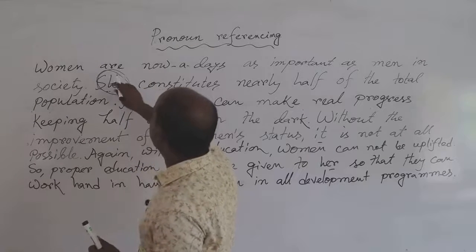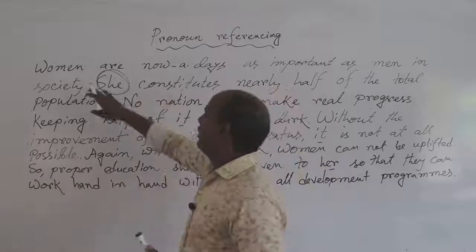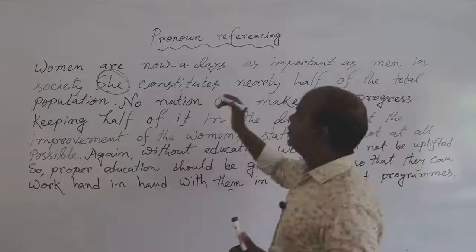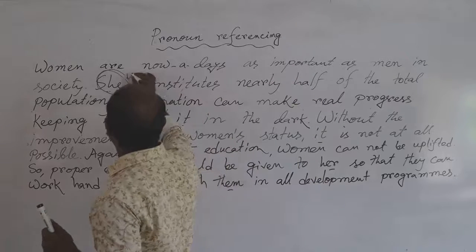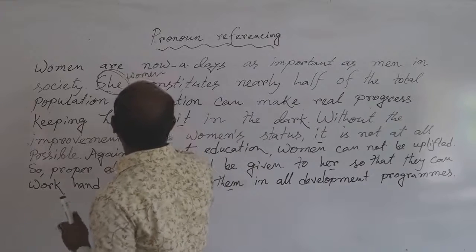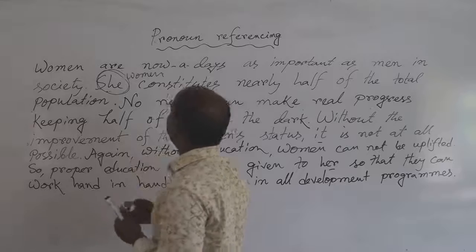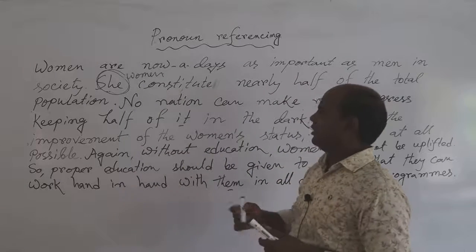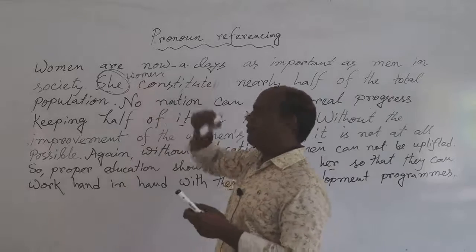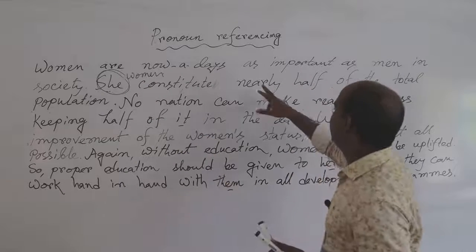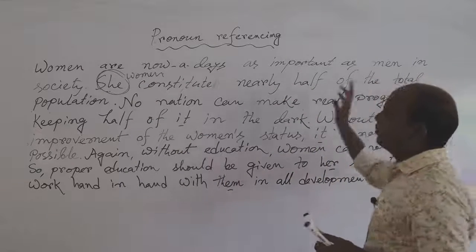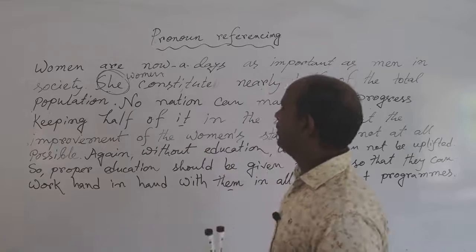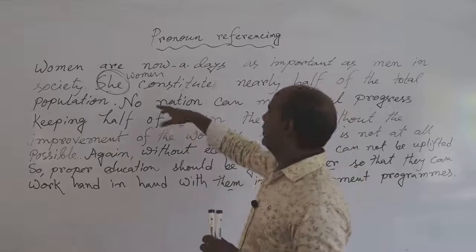If we use they, then it will be unclear, because they could be for women or for men. So you have to use women. Then it will be the correct form of the sentence. Women constitute, not constitutes, because women is a plural form. Constitute nearly half of the total population. So you can get one number out of 5.